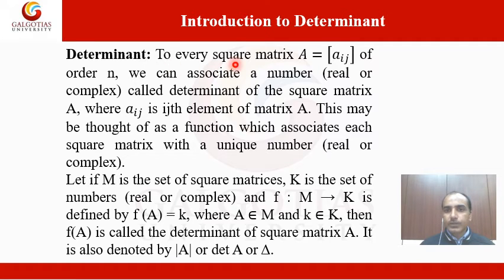Here consider a square matrix A with the elements Aij, and this square matrix can be associated with a number, and this number is known as the determinant of the square matrix. The number Aij is the ijth element of matrix A. This may be thought of as a function which associates each square matrix with a unique number.